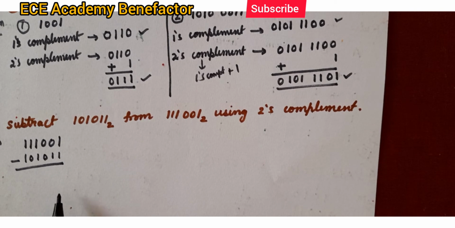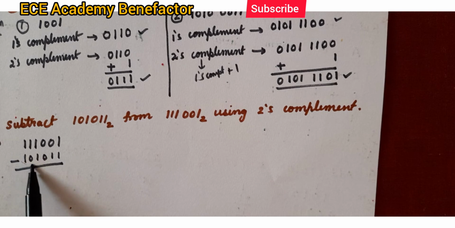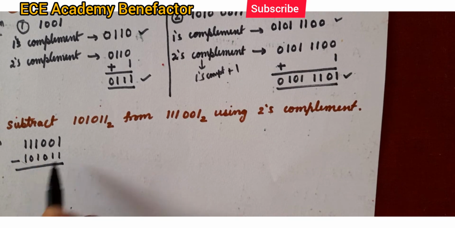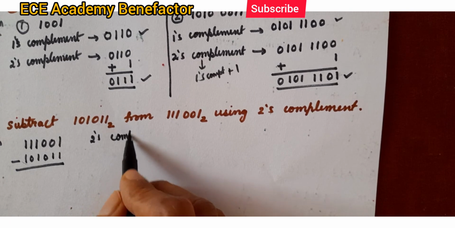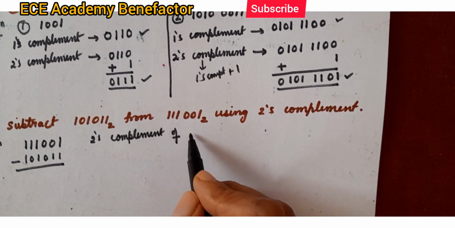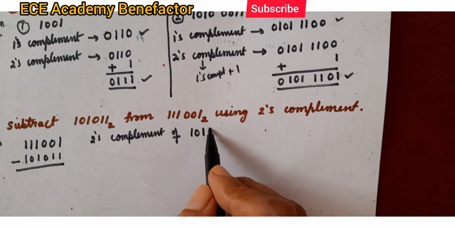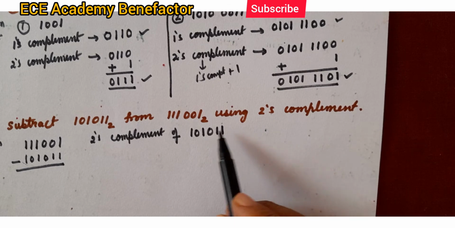Method is twos complement. So what you have to do? You have to find the twos complement of this number. So first find twos complement of 101011. What is its twos complement?